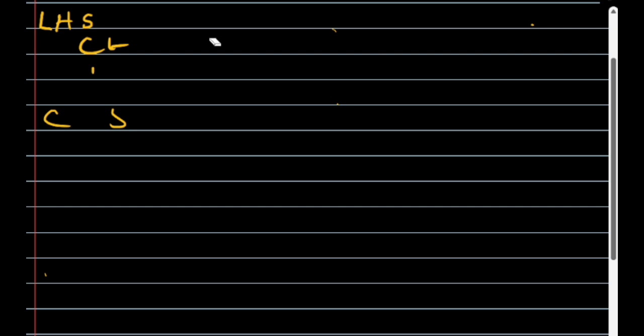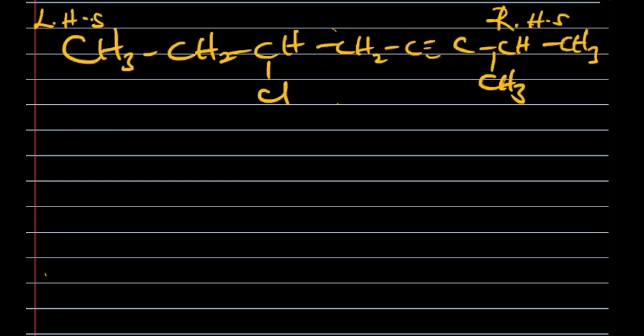So class, let's not forget the left hand side and the right hand side. As a beginner, please always take note of this. Let's start the numbering from the left hand side. We have 1, 2, 3, 4, 5, 6, 7, 8. 8 carbon atoms is oct, which gives us octane.